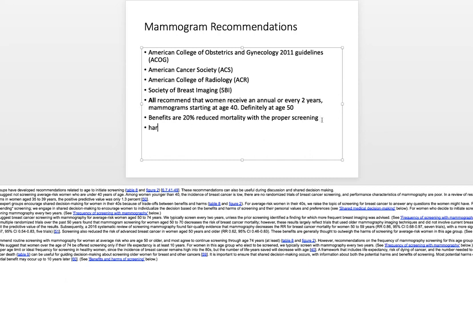So what are the harms? Unfortunately, there are a couple. There is overdiagnosis, and false positives, and the actual radiation itself.